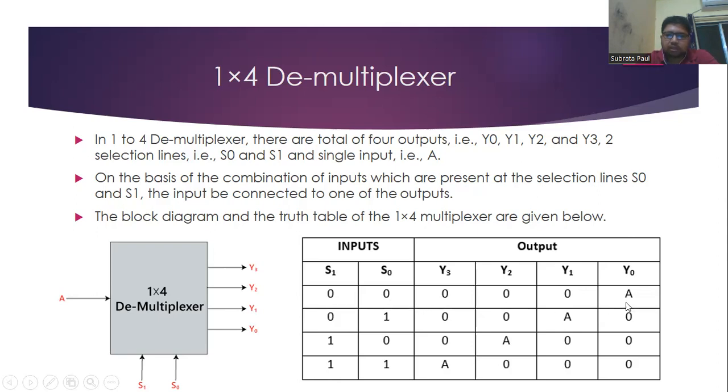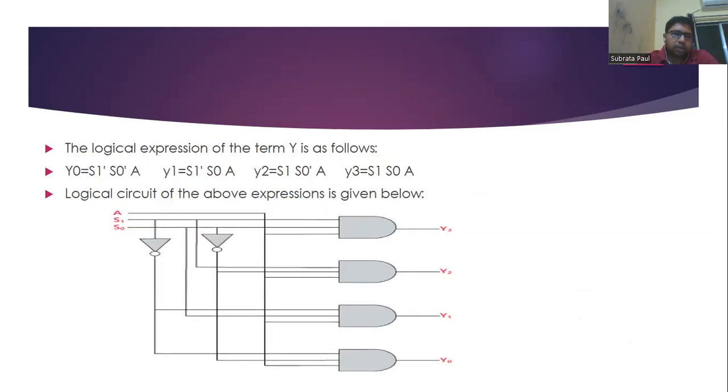For the first case, the y0 value is A. For the second case, that is 0 1, the y1 value is A. In the third case, 1 0, the y2 value is A. And for the fourth case, that is 1 1, the y3 value is A. Now, according to the truth table, we can design the Boolean expressions. Y0 is S1 complement S0 complement A, Y1 is S1 complement S0 A, Y2 is S1 S0 complement A, and Y3 is S1 S0 A.